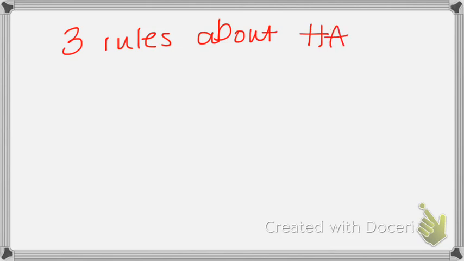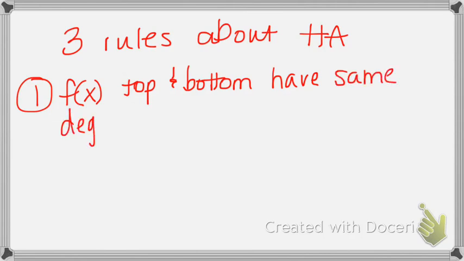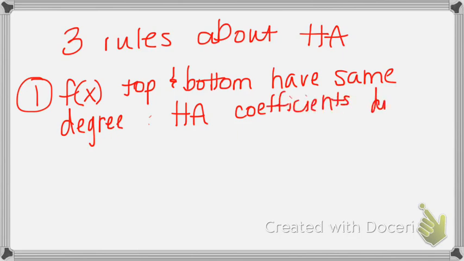I'm going to abbreviate there. First of all, if you have a function where the top and the bottom have the same degree, then the horizontal asymptote is the coefficients divided.